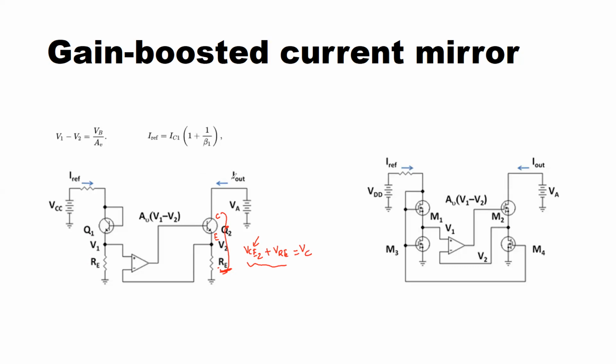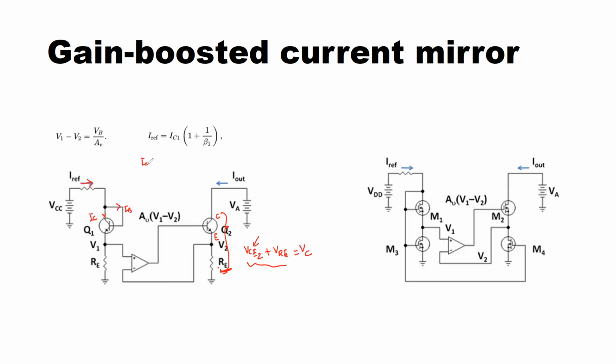So, in a BJT based current mirror, since we have used the BJTs here, the output current is not exactly equal to the input current. Rather, it would be somewhat less than the input current, because when you have an I reference flowing here, it is being split into two parts, that is IC, as I said, and the IB.